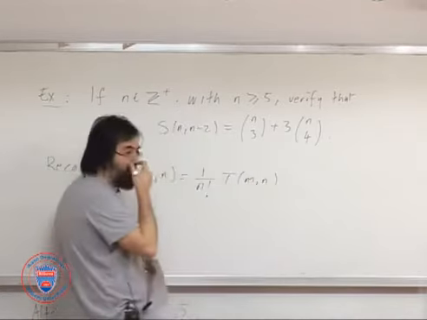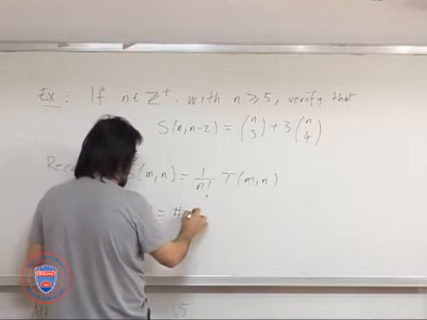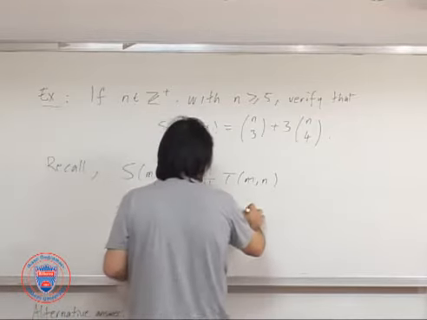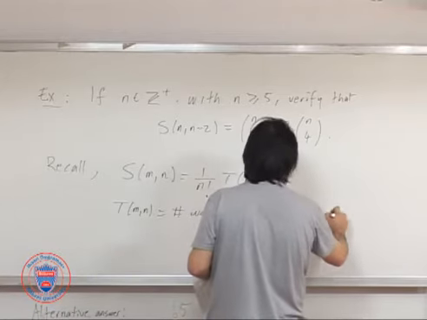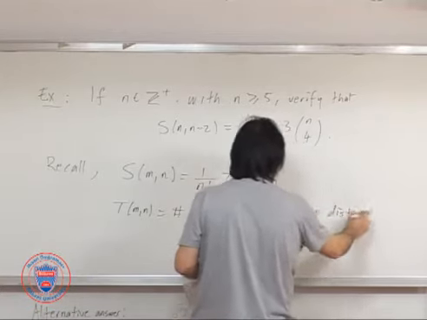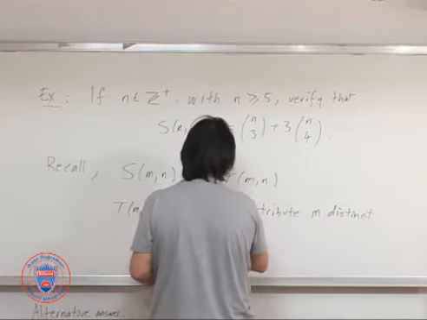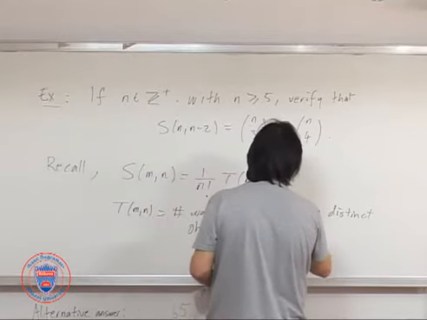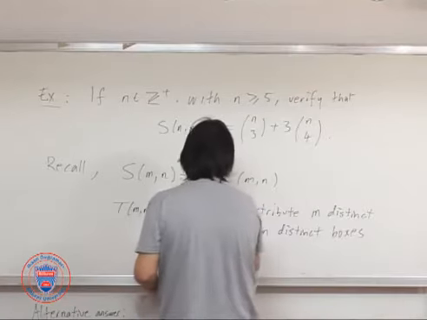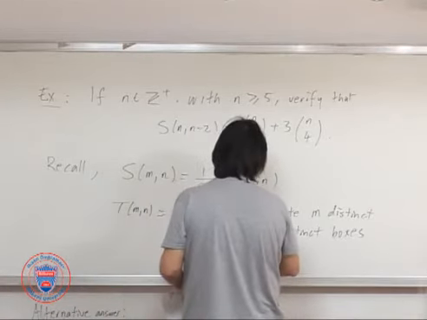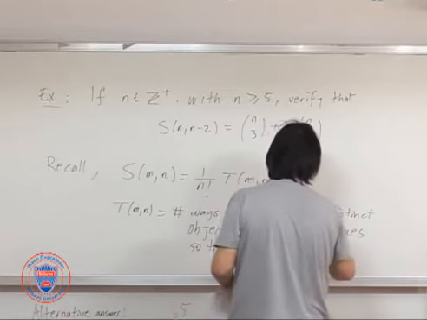This T(m,n) appears more in the combinatorics questions, which are the number of ways to distribute m distinct objects to n distinct boxes so that each box gets at least one object.